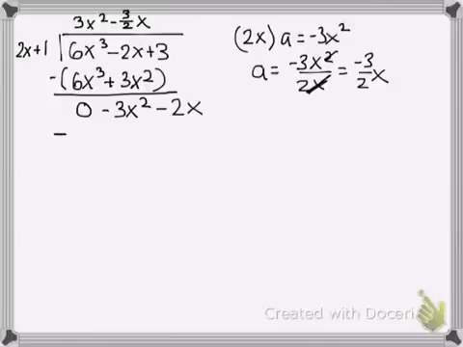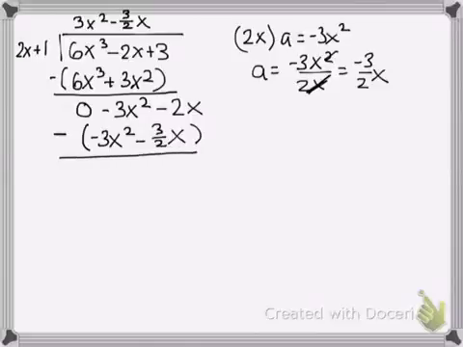Okay, now multiply the negative 3 halves x by everything, and you get negative 3x squared minus 3 halves x. So this is a harder example because you have to deal with fractions.